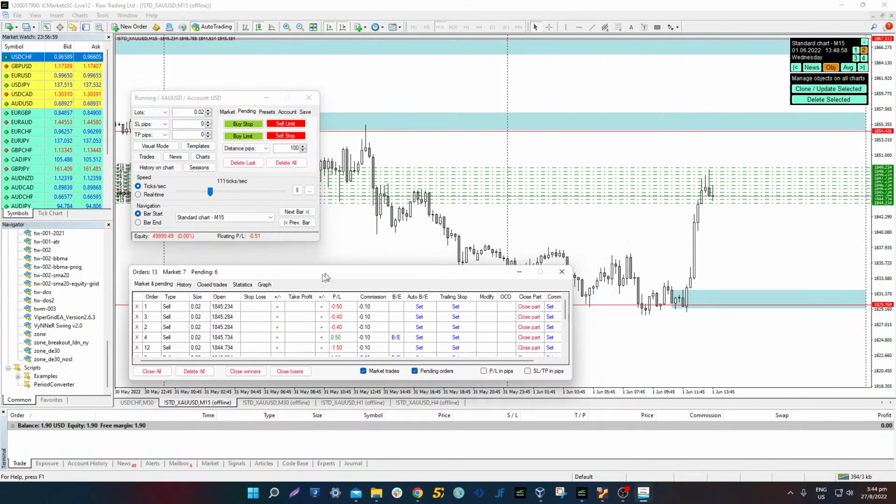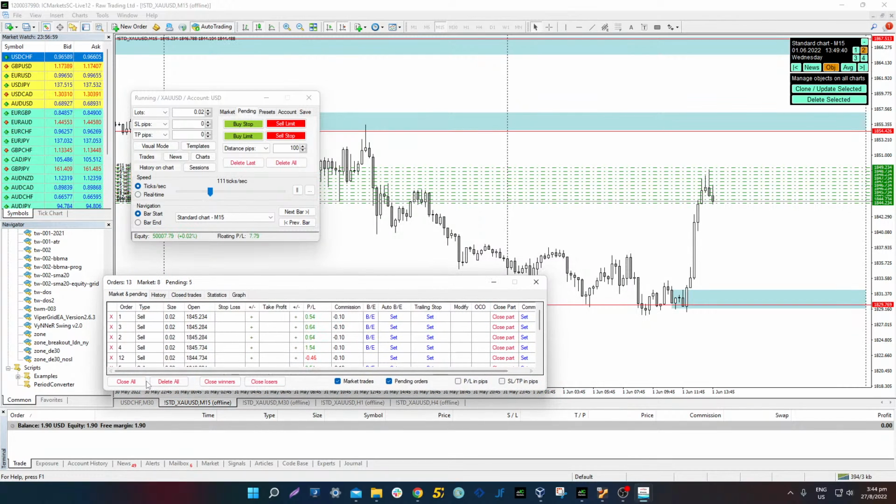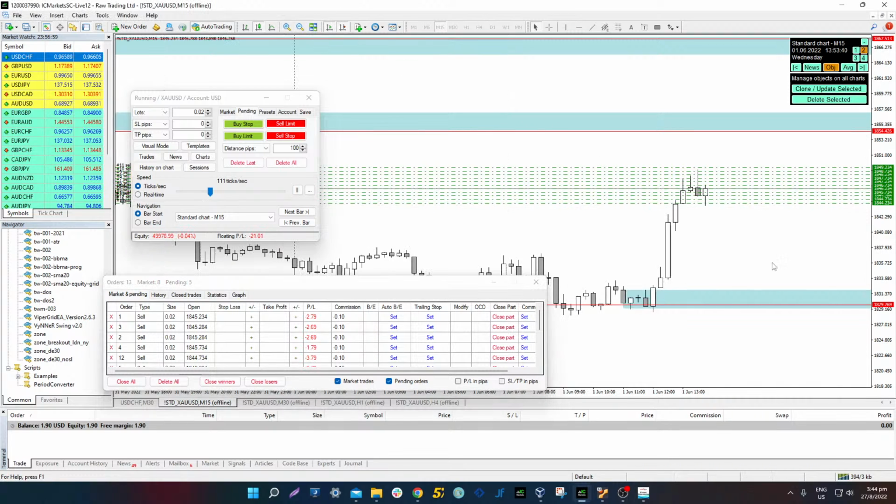We have a couple of trades. Okay, and we are aiming at this level. If we break below this, we'll have a high probability that the price will continue to go down.